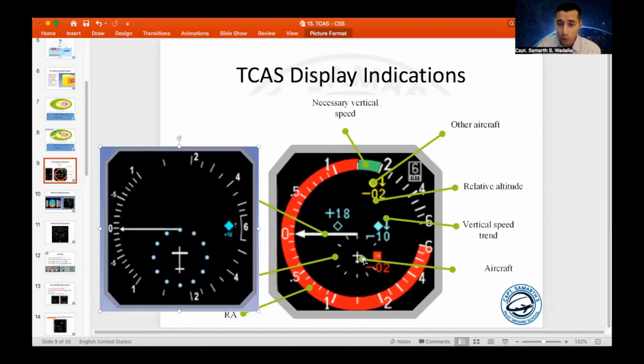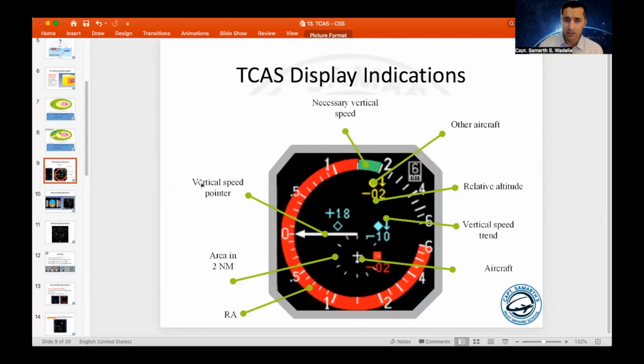Let us continue to look at our aircraft. I'm going to delete this graphic, and let us continue to look at our aircraft in the middle of the screen. That's your aircraft, and these are aircraft around your aircraft in your vicinity. You will see that there is a 6 nm written on the top right of the instrument, which indicates that the range of this instrument is 6 nautical miles.